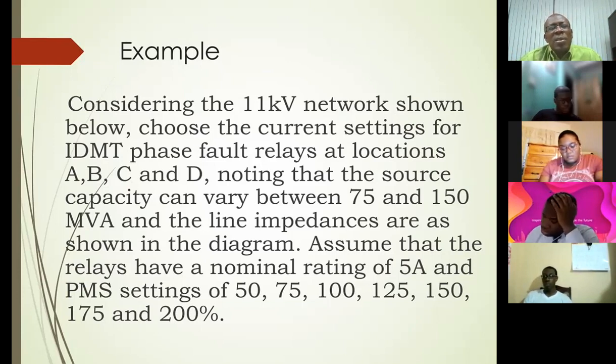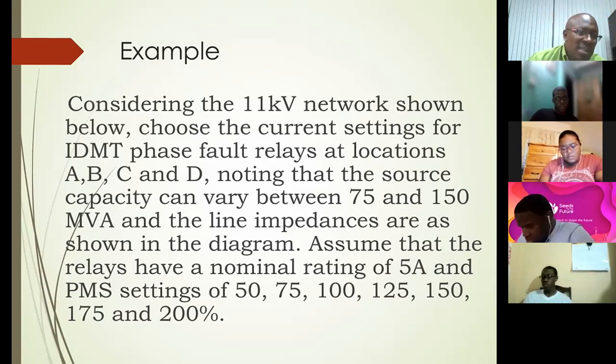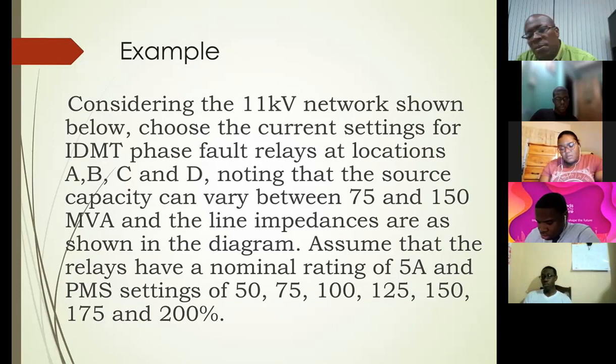And we want to assume that the relays have a nominal rating of 5 amperes. So the nominal current now would be, remember the formula that we gave you earlier, I nominal. Now we said that you can look at that nominal current on the system side, meaning the network side, or you can look at it coming from the CT. So it's either the primary side or the secondary side.